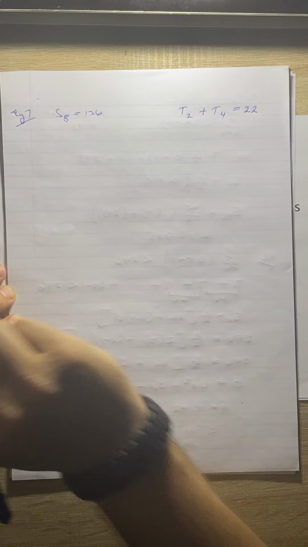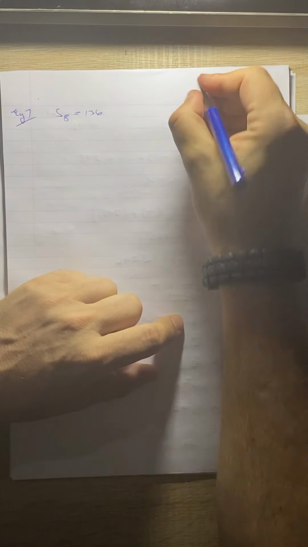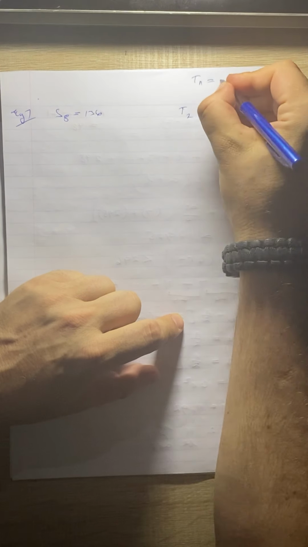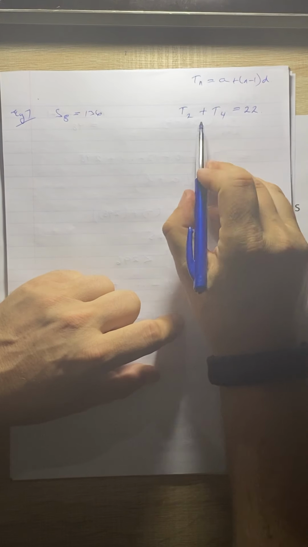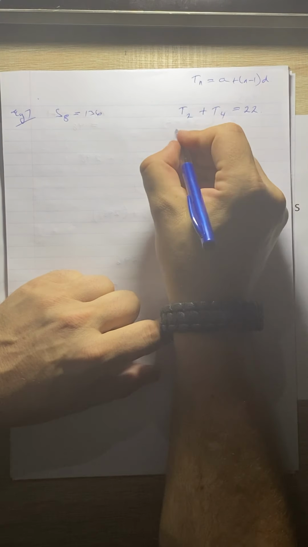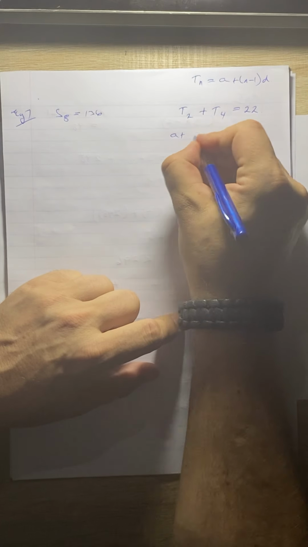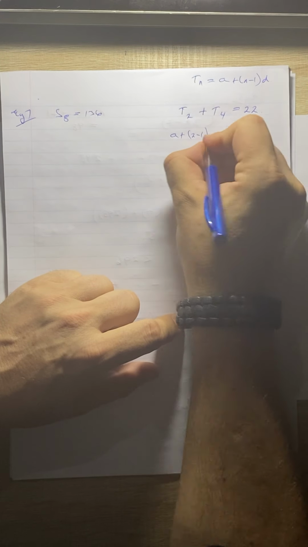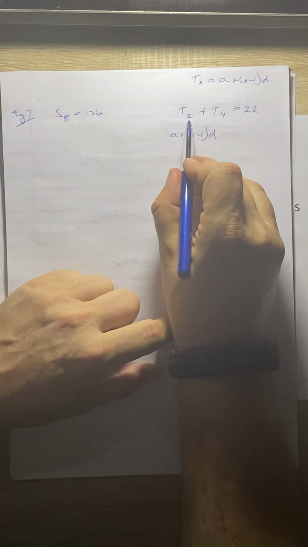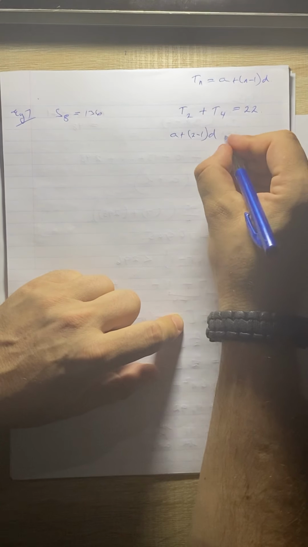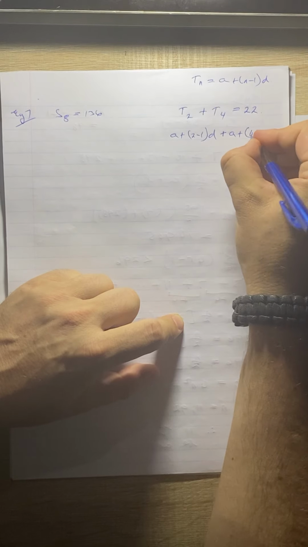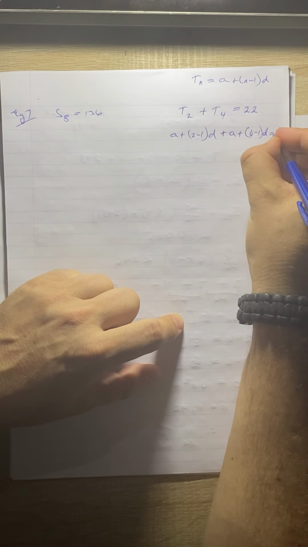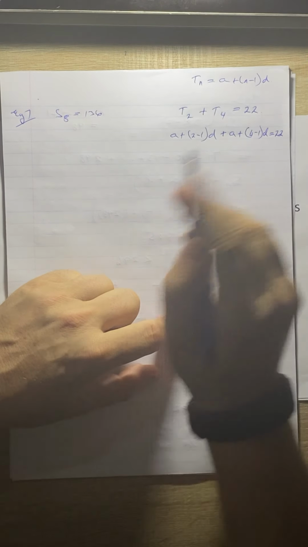They also told us that the sum of the second and fourth term is equal to 22. Okay, I'm going to work with this one, and just remember that Tn is equal to a plus n minus 1 times d. So if I plug that 2 in here, I'm going to get a plus 2 minus 1 times d. That's for that one. Now I need to do this one here, the T4, plus a plus 4 minus 1 times d equals 22.